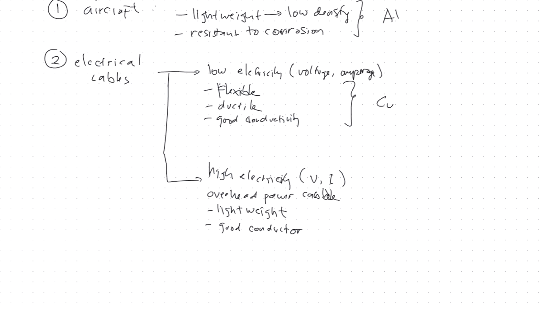So how can we get something that is lightweight? By picking something with low density, just like the case with the aircraft. Again, the winner is going to be aluminum.